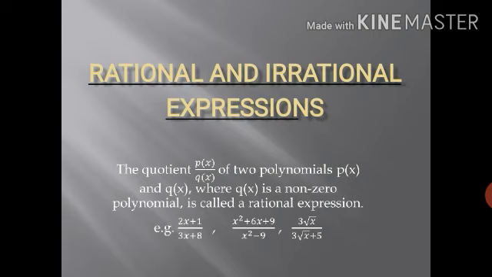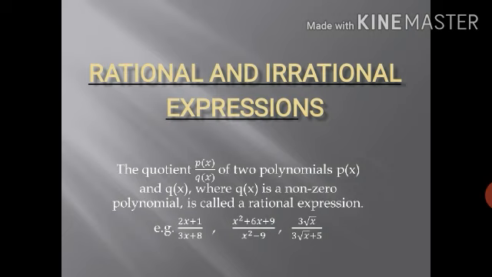In the numerator, this is p(x). In the denominator, it is q(x). 2x plus 1 has positive powers. 3x plus 8 also has positive powers. So p(x) and q(x) both are polynomials. So this is an example of a rational expression.